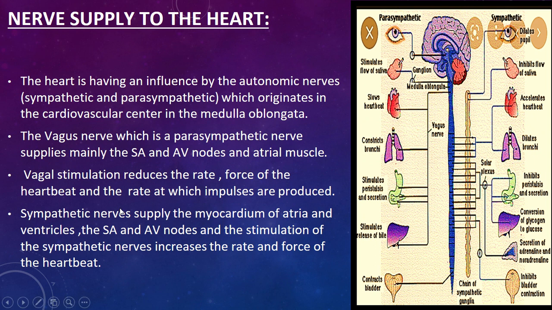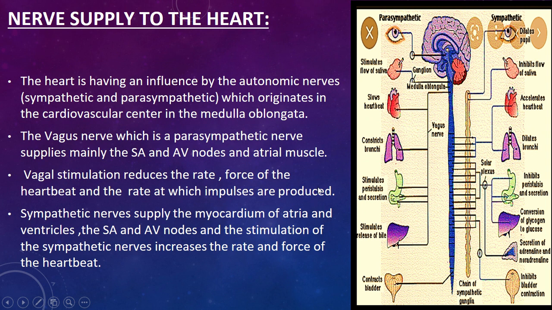At that time the sympathetic nerves help in the supply to the myocardium of the atria and the ventricles, and the SA node and the AV node stimulation happens, and it increases the heart rate and the force of the heartbeat.